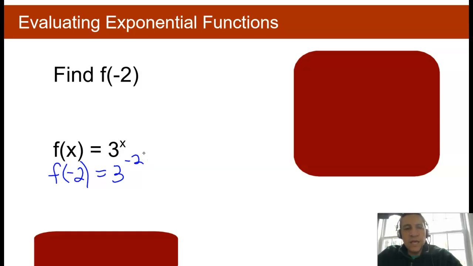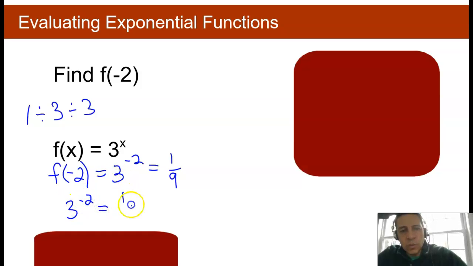Remember, when we have a negative exponent, it doesn't make the answer negative, but what we're doing is taking 1 and dividing it by 3 two times. So 1 divided by 3 divided by 3 is 1/9. A nice way to think about this problem is 3 to the negative 2 is also equal to 1 over 3 squared, and 3 squared is 9.